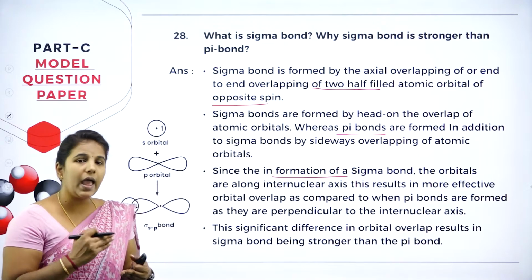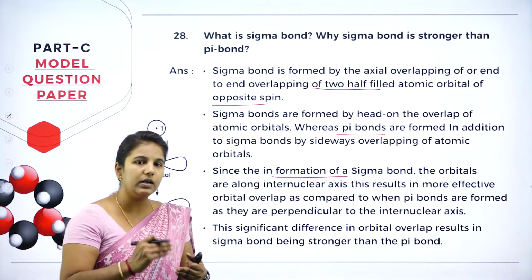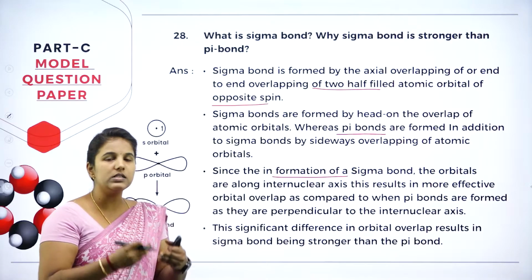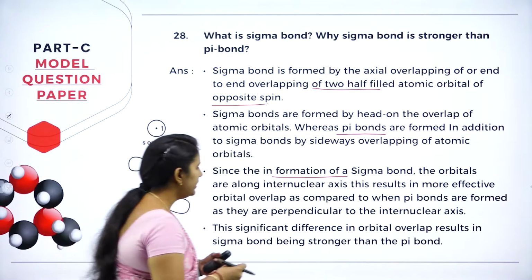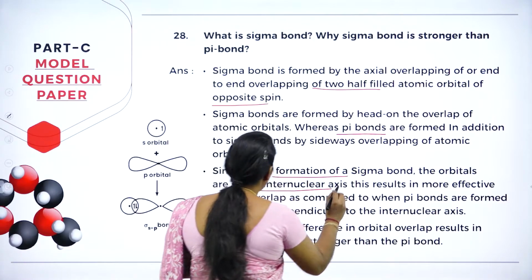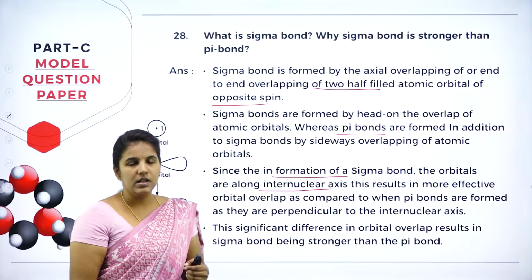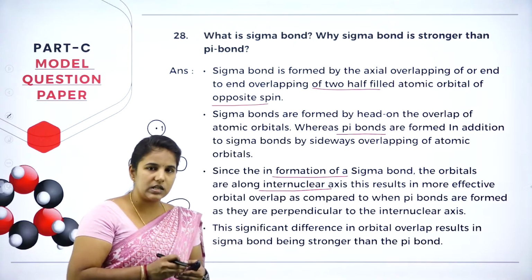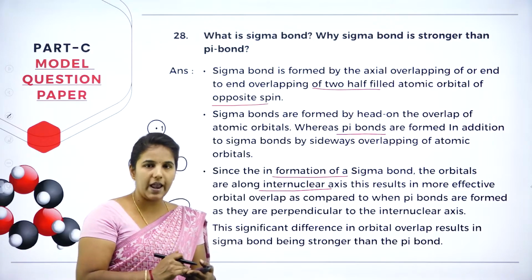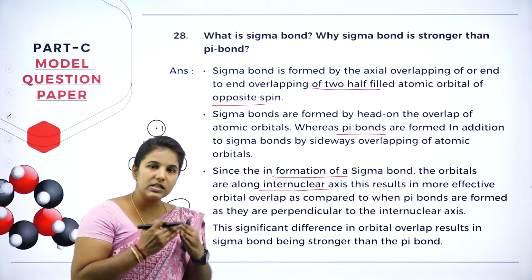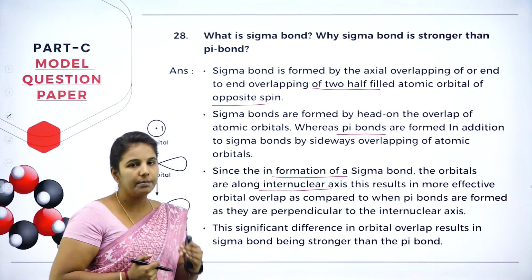In axial overlapping, the atomic orbitals have their own direction, so they have their own internuclear axis, and this will not get disturbed when they overlap. That is why sigma bonds are stronger than pi bonds.